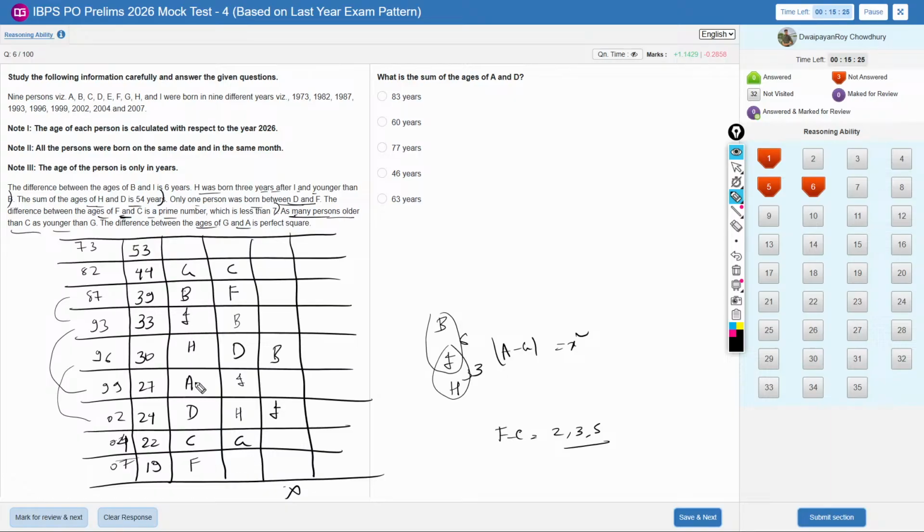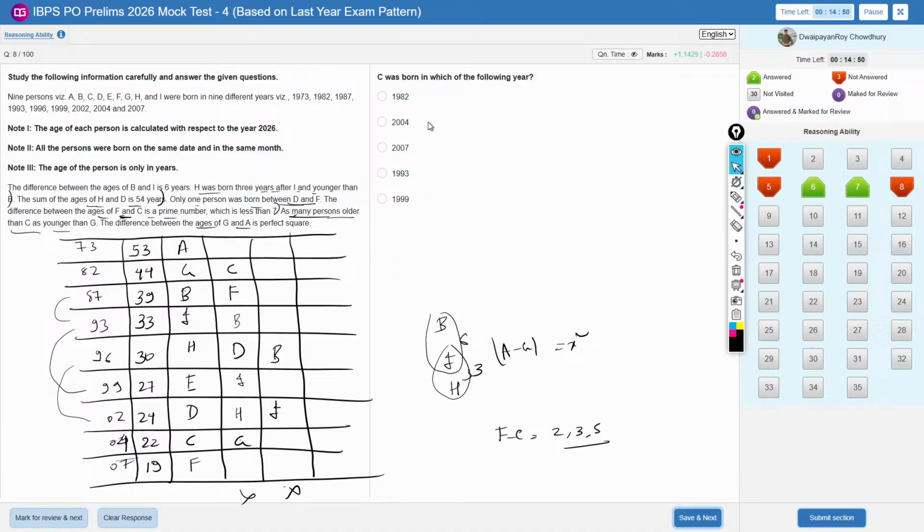G and A. So then A goes here, because 22 and ending with 1, no, not possible. The remaining one is, I guess, E. So E goes here. Sum of A and D, so 7 to end with. A, F, G, C, B, D, I, E.